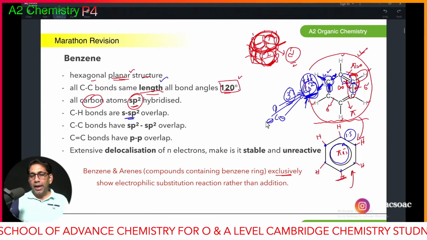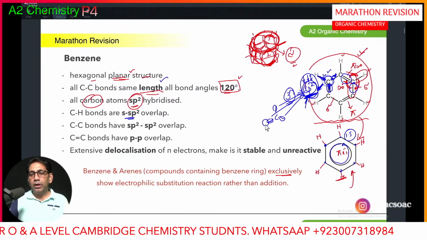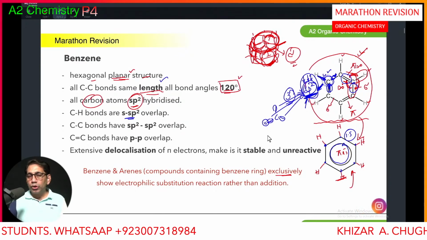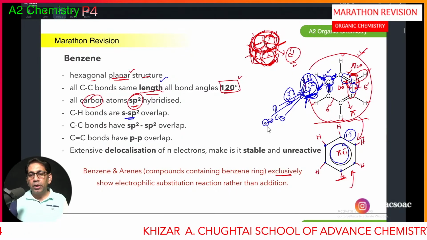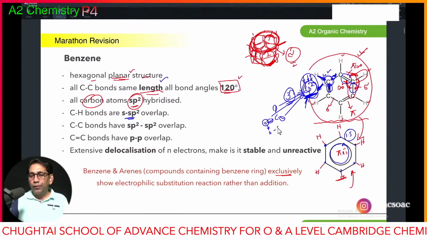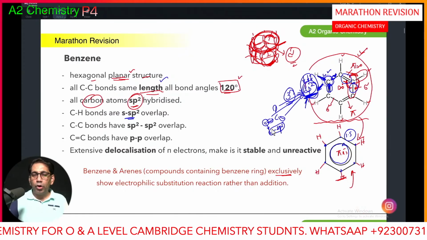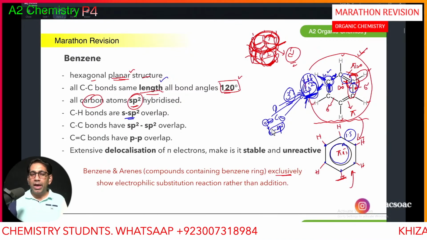Whenever hydrogen comes to make a covalent bond with carbon, it has only one s orbital, so hydrogen cannot have any sort of hybridization. Hydrogen offers an s orbital, carbon offers an sp2 orbital. So the carbon-hydrogen bond is composed of s-sp2 overlap.